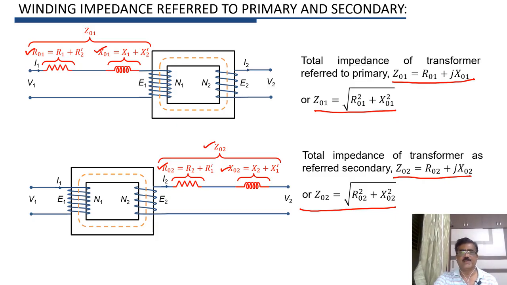So this is the impedance of transformer referred to primary as well as secondary.